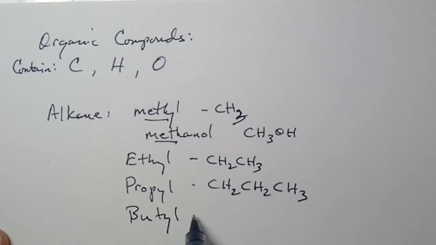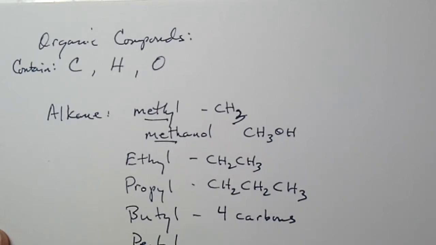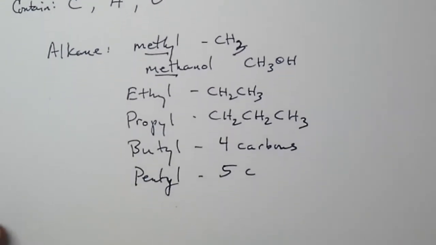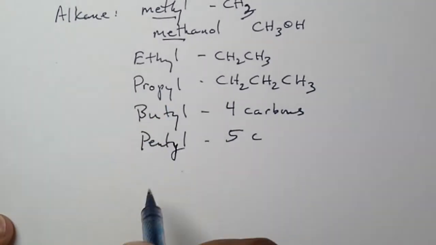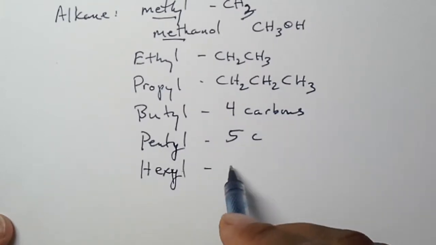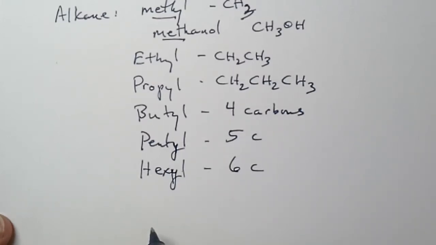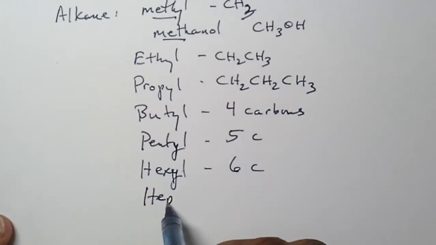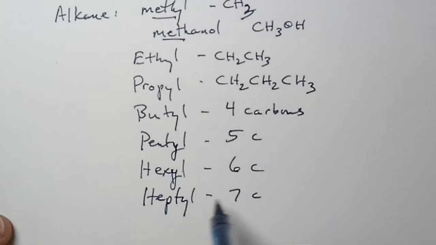And for the sake of time, I'm not going to write them out. 4 carbons. Pentyl, 5 carbons. Hexyl. Okay, 6 carbons. And so forth. We have heptyl, 7 carbons.